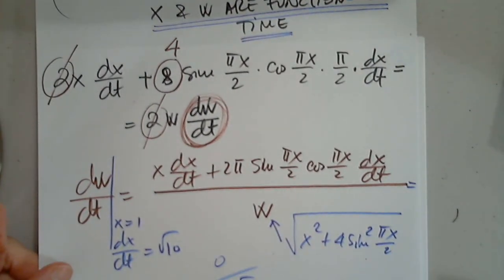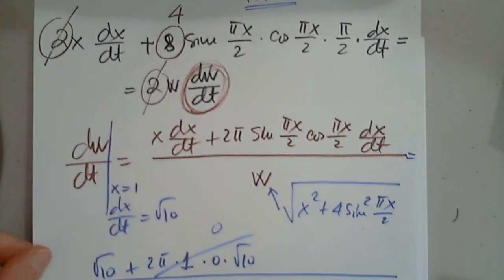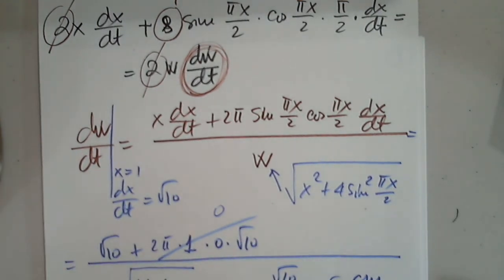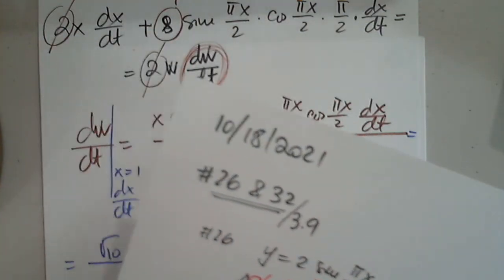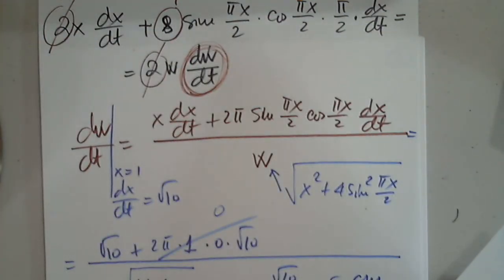Sorry, could you put that back for just a second? Absolutely, yes. Any questions? You may see something I don't. It's very possible. So that was the square root of 10. Yeah, but that's 0, cosine pi over 2.